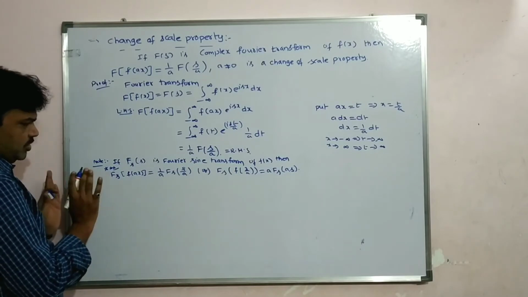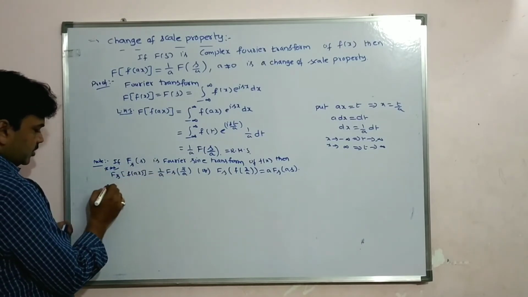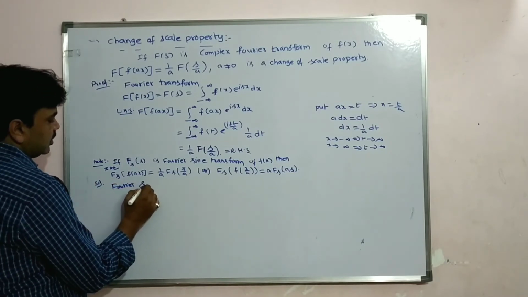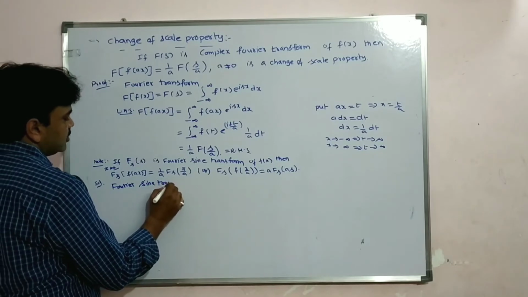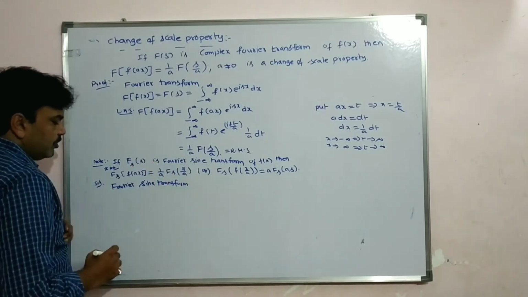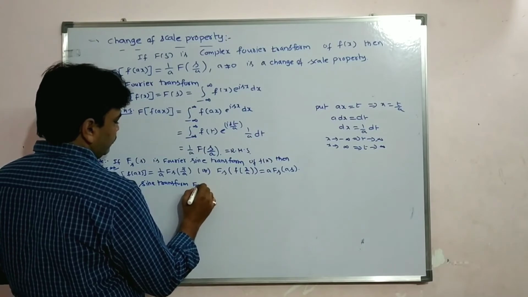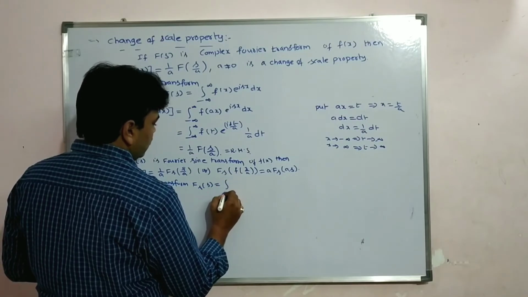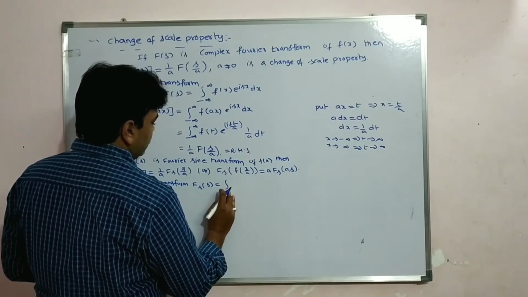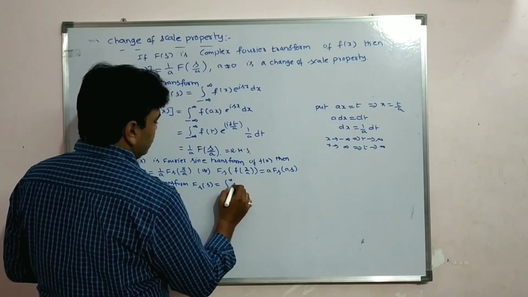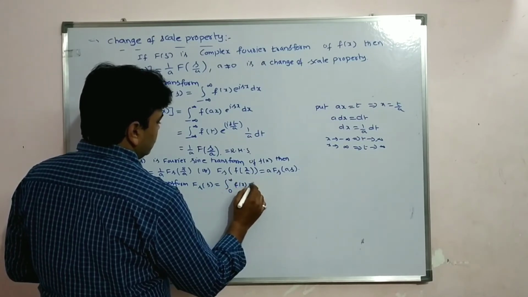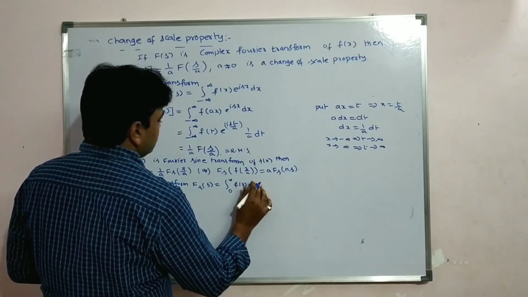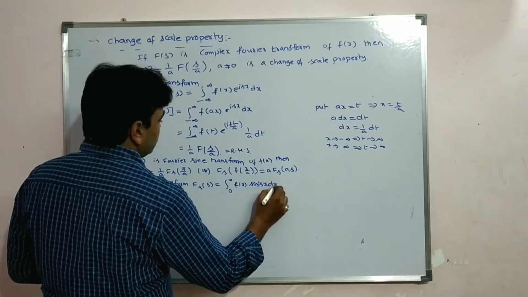Now same, students, say Fourier sine transform. Solution: Fourier sine transform. What is the Fourier sine transform, students? Fs of s is equal to the integral from 0 to infinity of f of x sin sx dx.